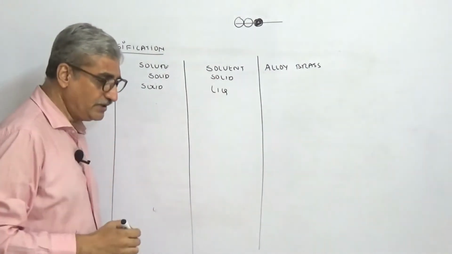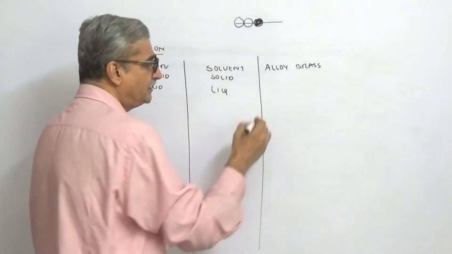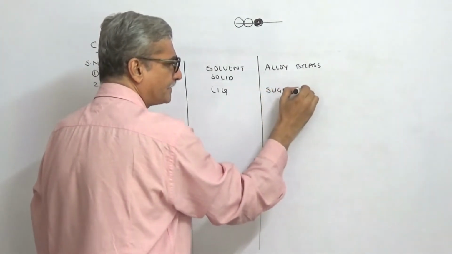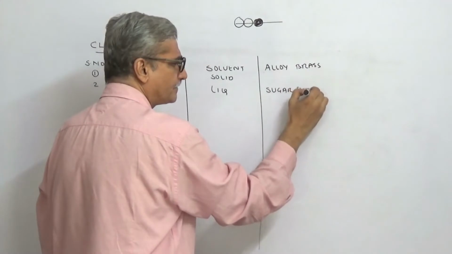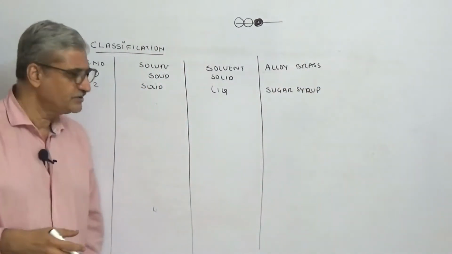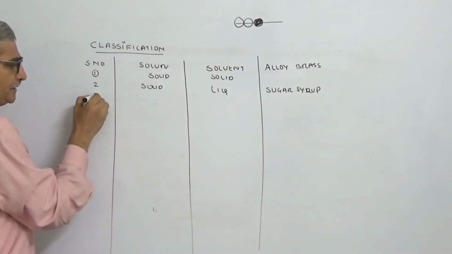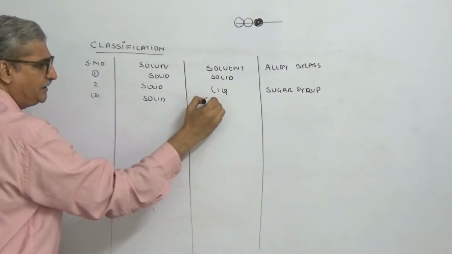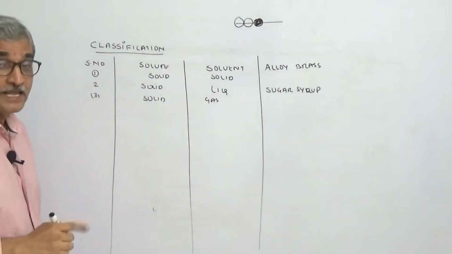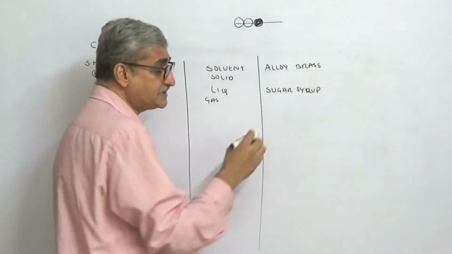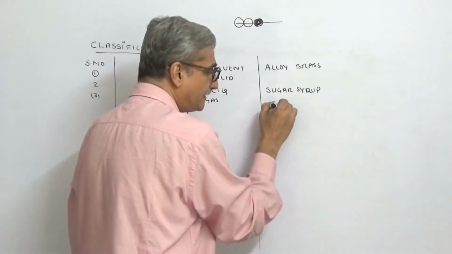When I have a solid dissolved in a liquid, the example can be sugar syrup. Sugar is dissolved, sodium chloride is dissolved, so many things are dissolved.